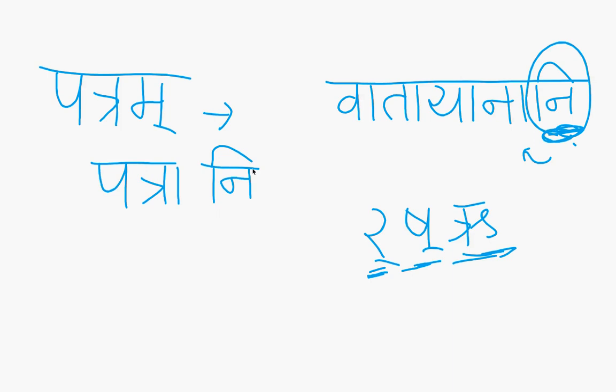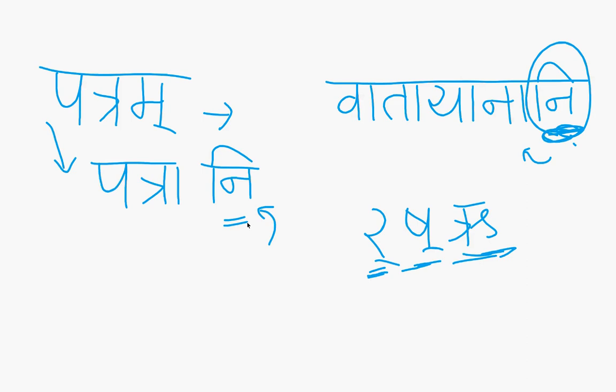For Napumsakalinga Prathama Vibhakti, the bahuvachana suffix normally comes as ni initially, first in the steps of deriving it. Patram changing to bahuvachanam: first ni comes as the suffix for that Prathama Vibhakti bahuvachanam.